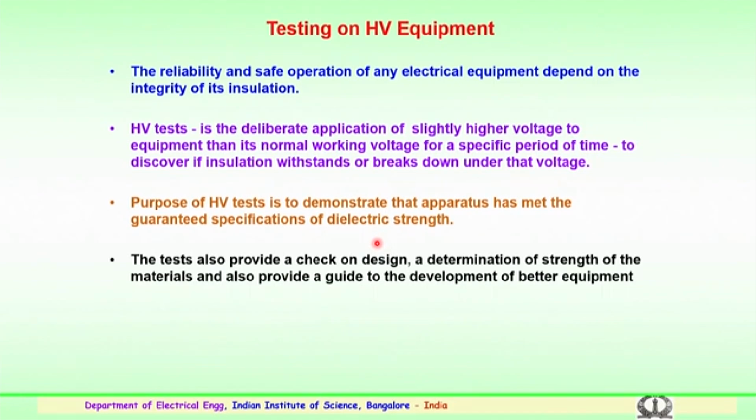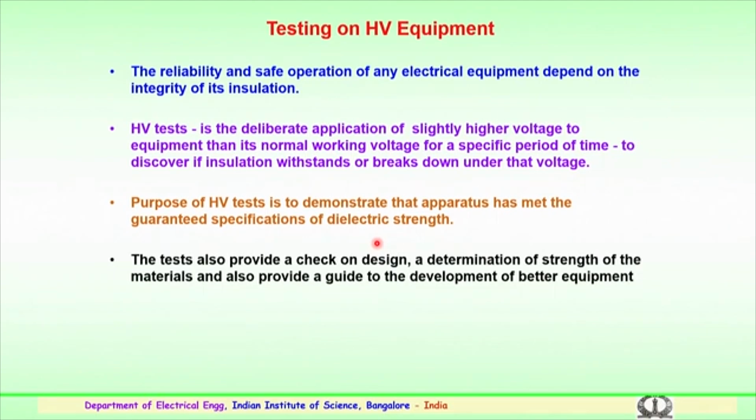The main purpose of the high voltage stress is to demonstrate that any apparatus has met the guaranteed specification. These guaranteed specifications of the dielectric strength are generally prescribed for the voltage level. These are agreed between the manufacturer, international standards, and also the utilities.